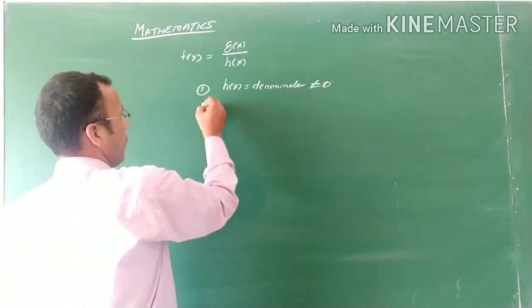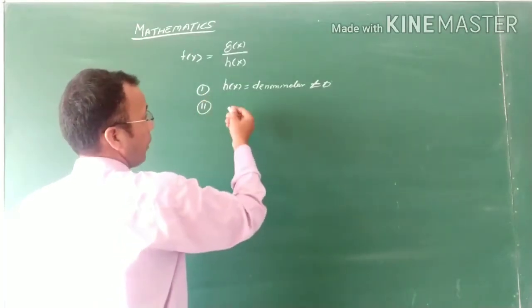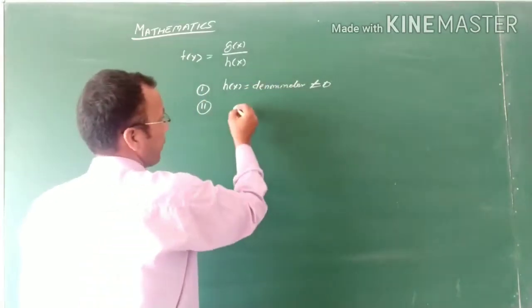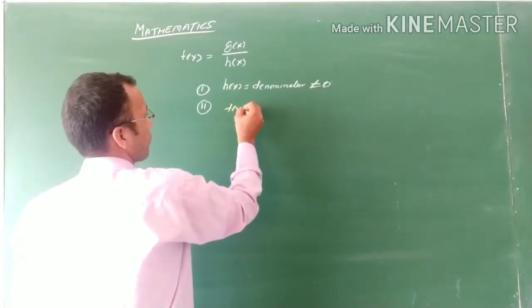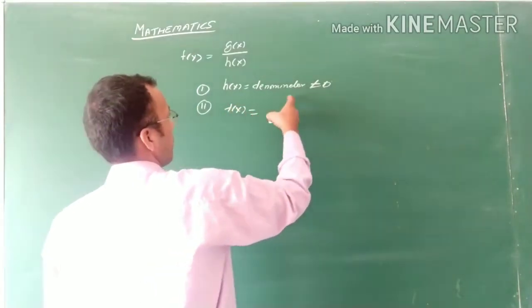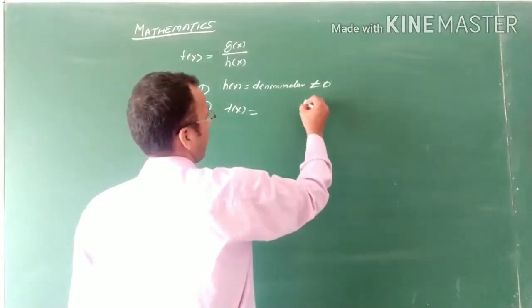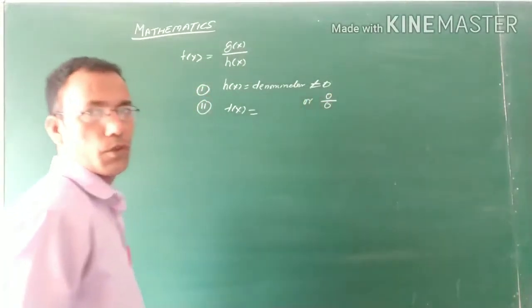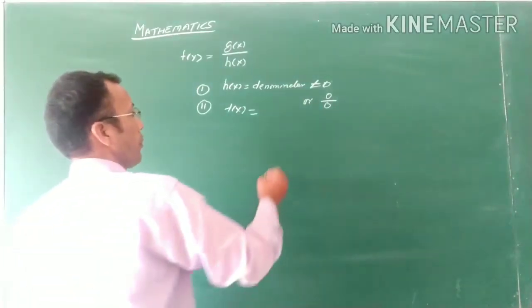And second one, the denominator is not equal to 0, or it must not be in the form of 0 upon 0. Not in the form of 0 upon 0.